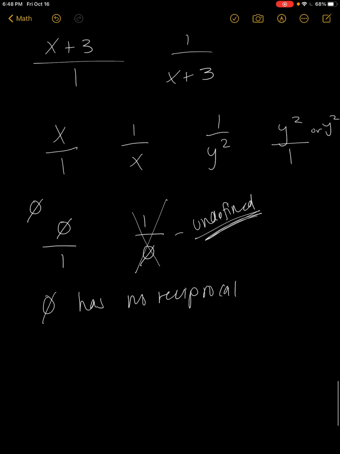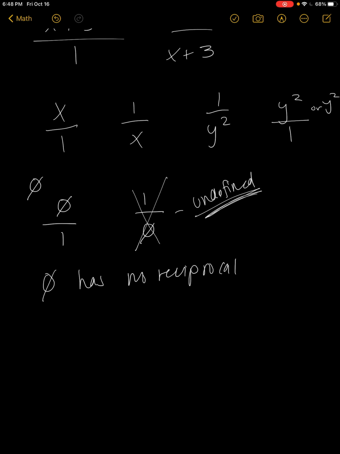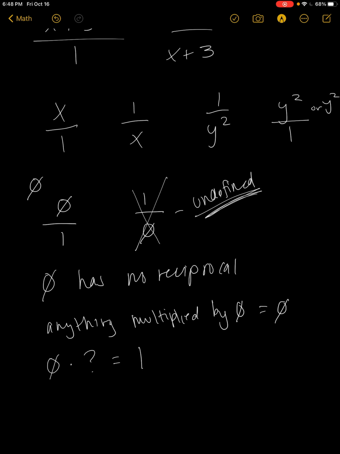And you think about it too, you can't multiply anything by 0 to get 1. Remember the 0 property rule? Anything multiplied by 0 equals 0. So I can't multiply any number by 0 and get 1.